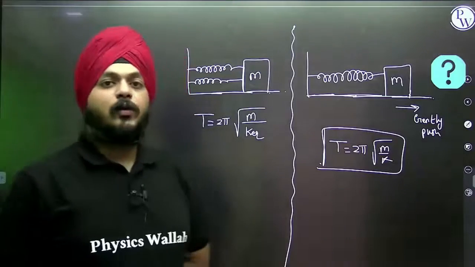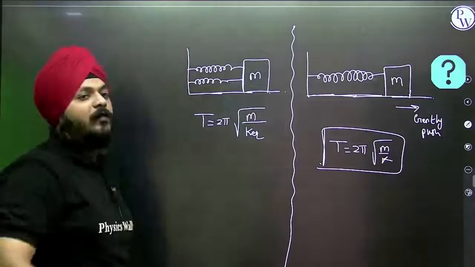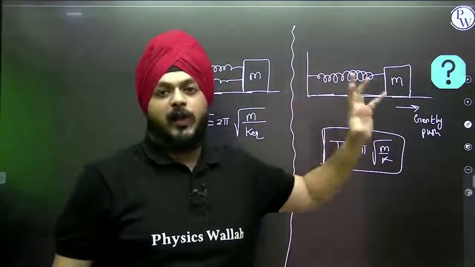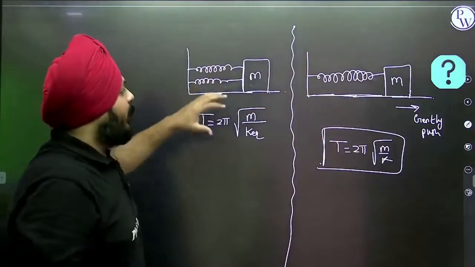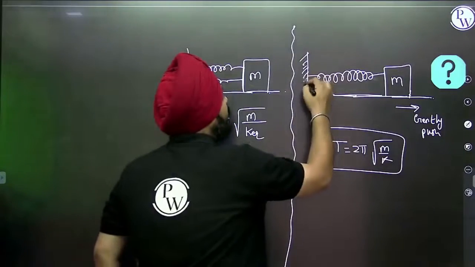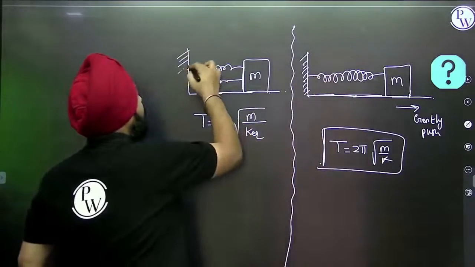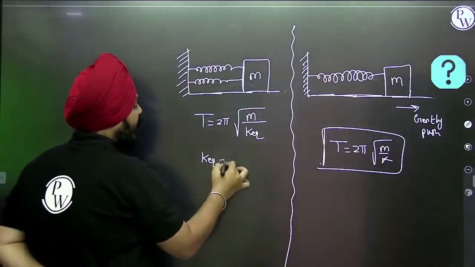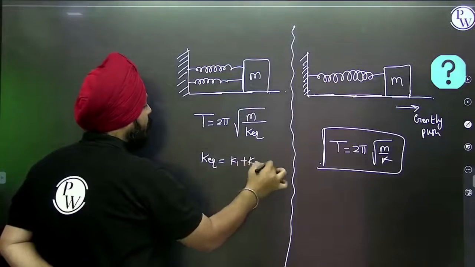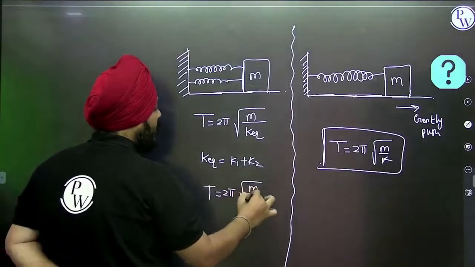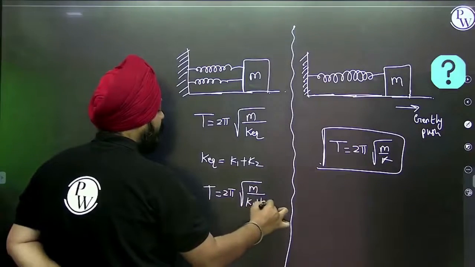Some part of these concepts we have seen in work, energy and power, when springs are connected in series and when springs are connected in parallel. So in parallel, K equivalent is K1 plus K2. So the final time period equation of the SHM is 2 pi under root of M by K1 plus K2.